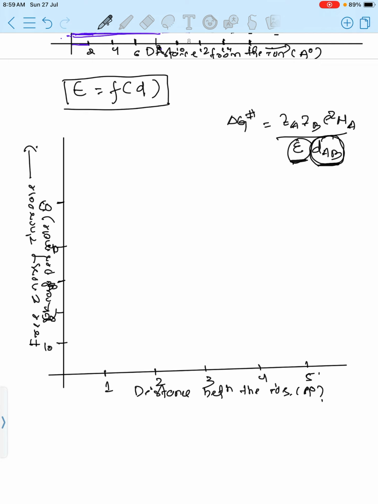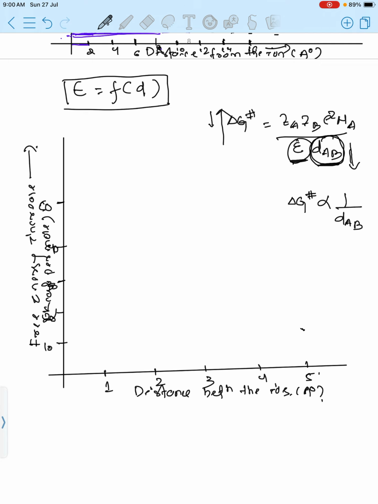That means as the DAB decreases, what would happen to the free energy of activation? It will increase. So from here we are starting the plot. That means when the distance is larger between the ions, the free energy will be smaller, as delta G activation is inversely proportional to DAB, the distance between the two ions.